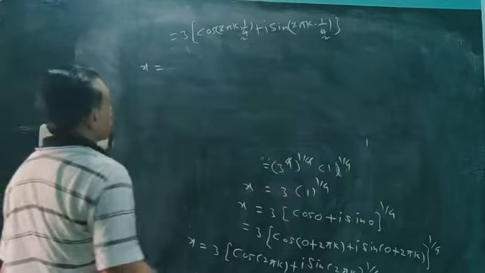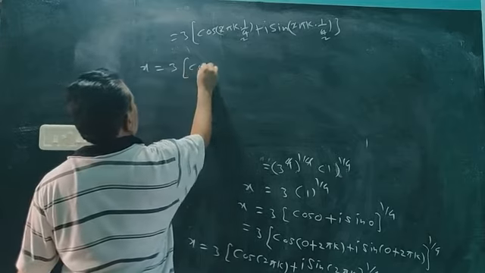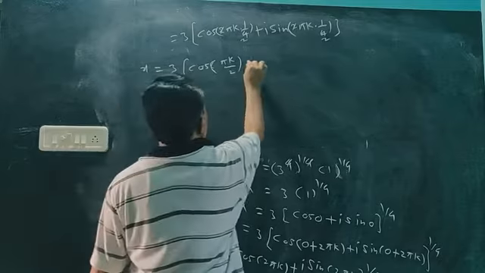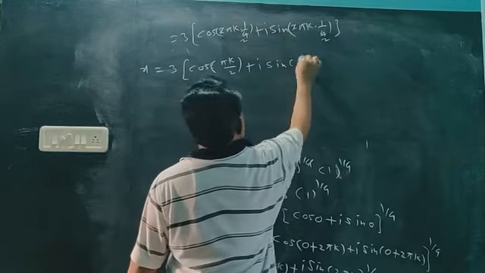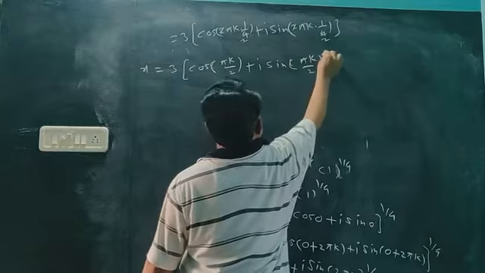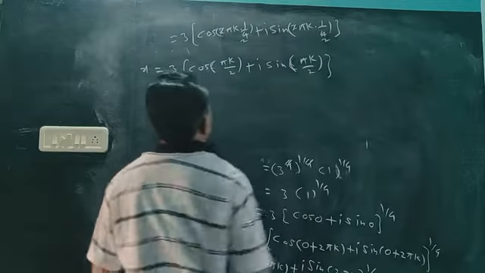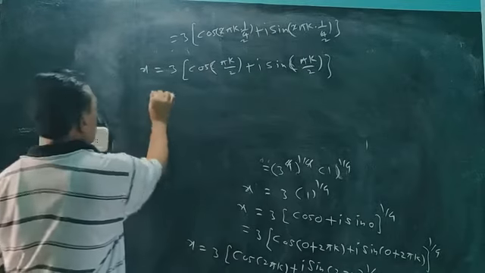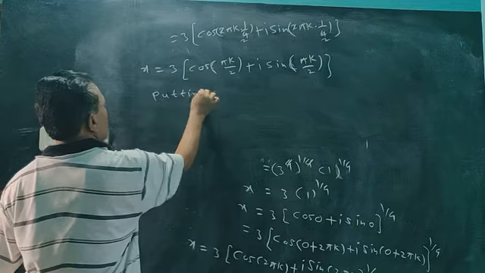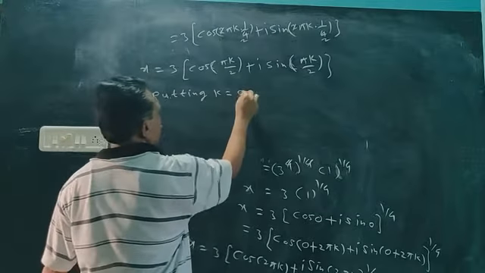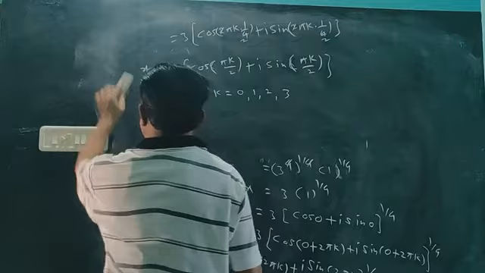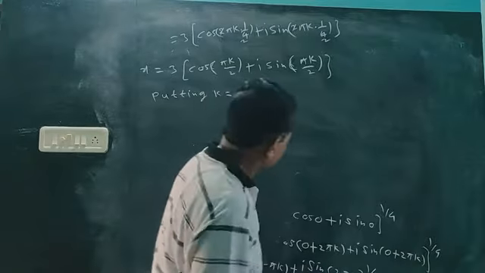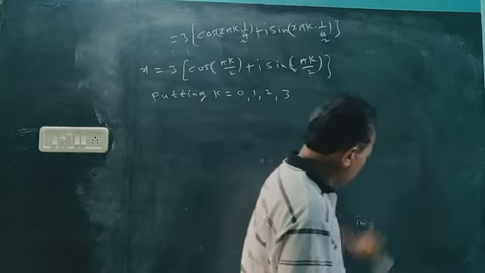That means x equals 3 times cos of pi k by 2 plus I sin pi k by 2. Now I want 4 values, so putting k equals 0, 1, 2, 3. So 4 values starting from 0 up to 3. Put the values.